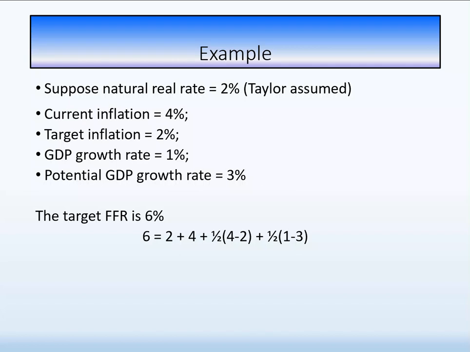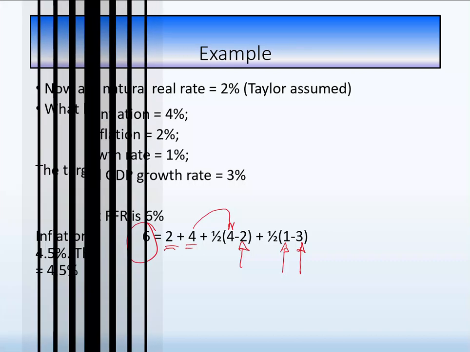The target Fed funds rate will be 6%. Here's how it's calculated. 2% real, current inflation 4, current inflation again comes into the equation. This is the target inflation rate. And then we have actual GDP and potential GDP growth rates. All boils down to 6%.